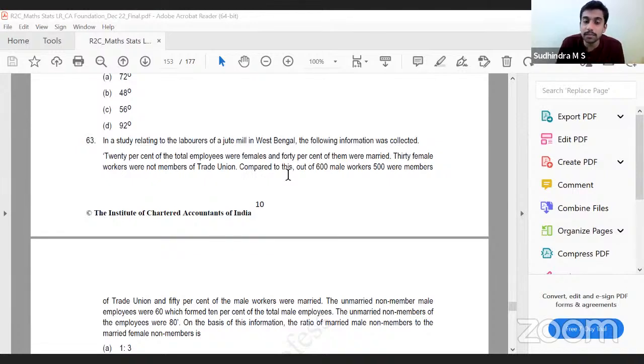Unmarried non-member male employees were 60, which formed 10% of the total male employees. Unmarried non-members of the employees were 80. On the basis of this information, the ratio of married male non-members to married female non-members. 1 mark question. Sir, 1:3. Sir, 4:1. 4:1 is correct.